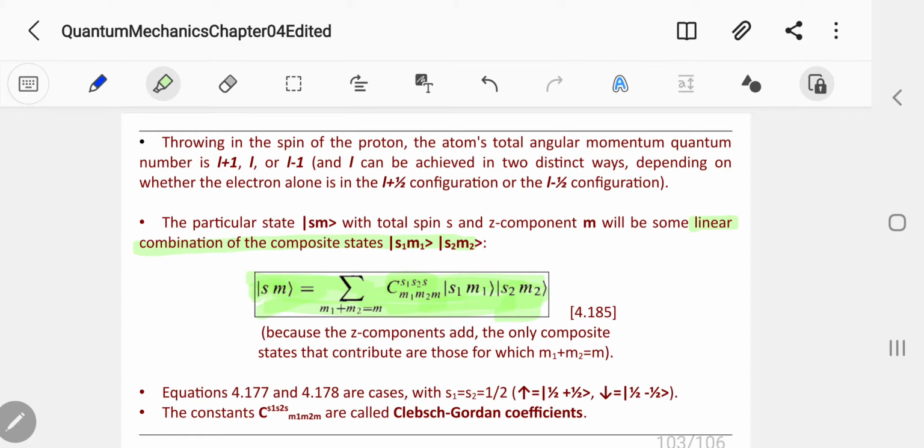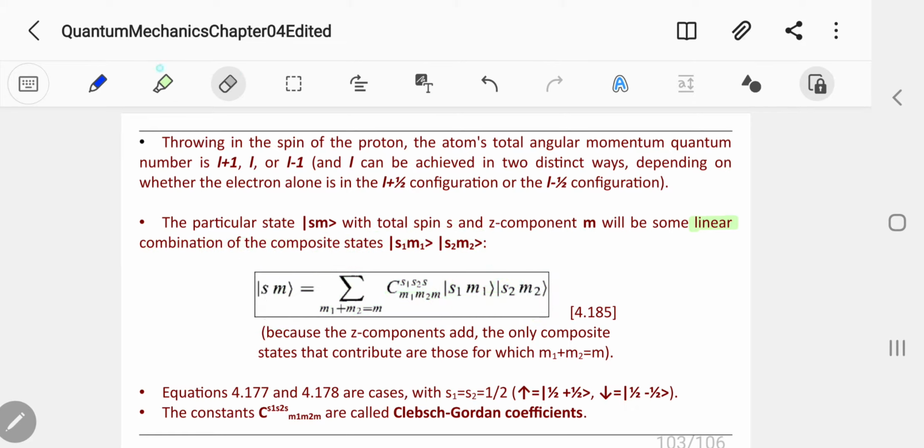So the Z components add up. Only the composite states that contribute are those for which M1 plus M2 equals M. Let me erase.